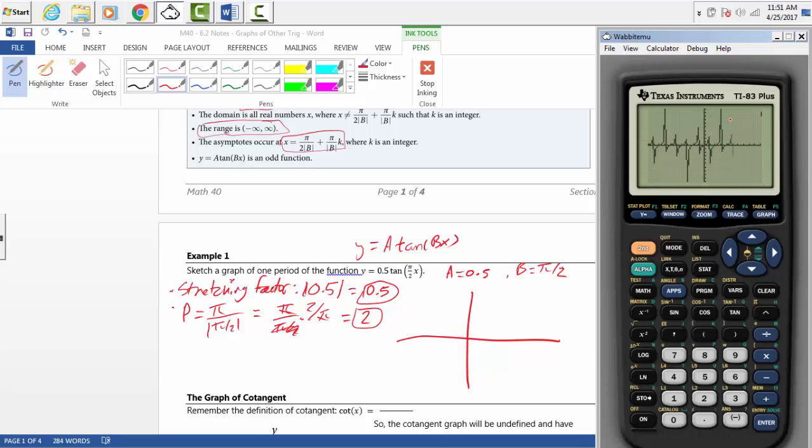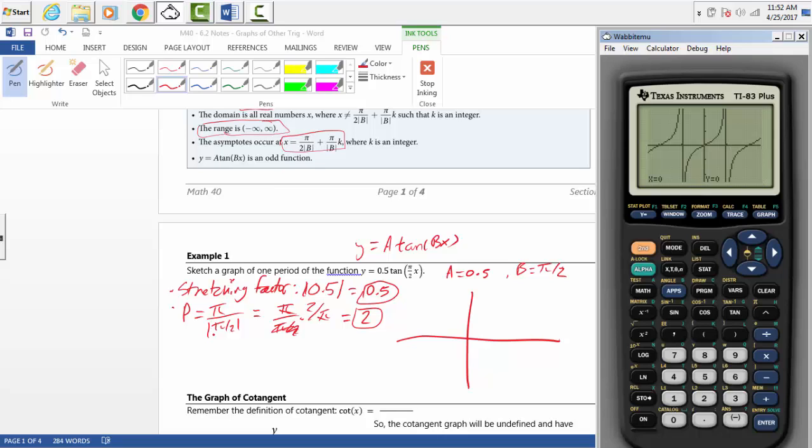These jagged lines are actually asymptotes, and it's not really understanding how to show them. If we zoom in a little bit, it'll be better. There you go, so this is the graph. The newer calculators don't draw this vertical line, they just leave it blank, but this is the calculator trying to say that it's a vertical asymptote.